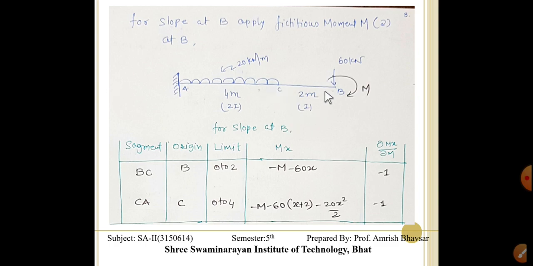Here it is minus M minus 60x, and over here minus M minus 60 into x plus 2, minus 10x square. So del Mx upon del M is minus 1 and minus 1. Now for the rotation we multiply these two values and integrate with respect to x within these limits.